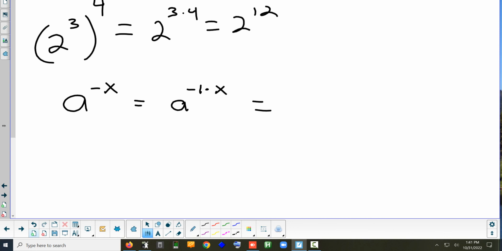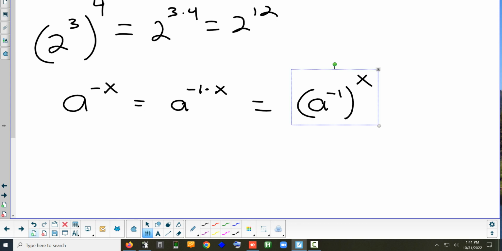So what I'm getting at here is the only way that you would end up multiplying two numbers together in an exponent is if originally you had a power to a power. So that's how I want to think of this. Think of a to the negative 1 times x as a power to a power.